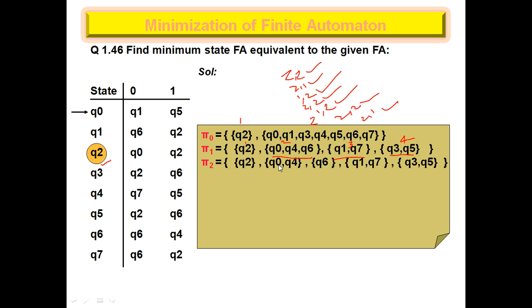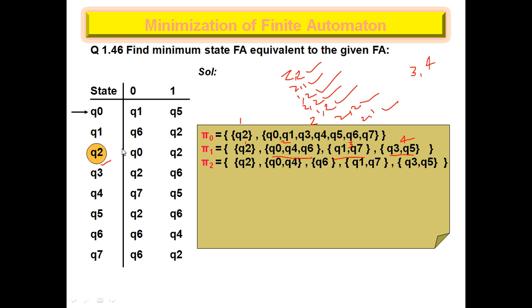Now we make the sets. For Q0, what happens? Q1 and Q5. We check here itself: Q1 and Q5, so we have 3, 4.